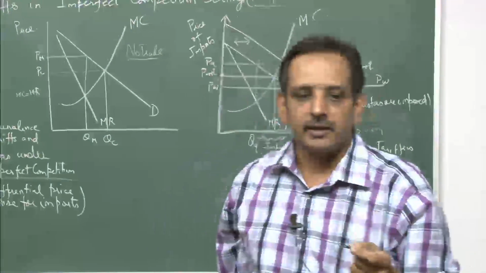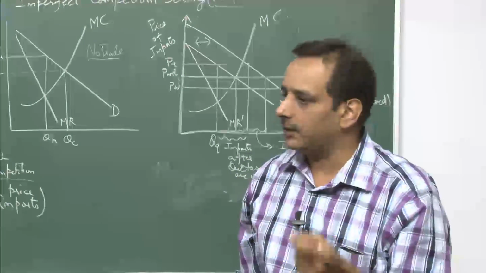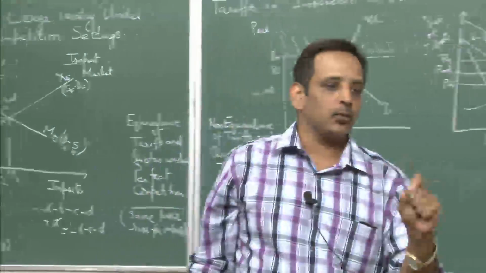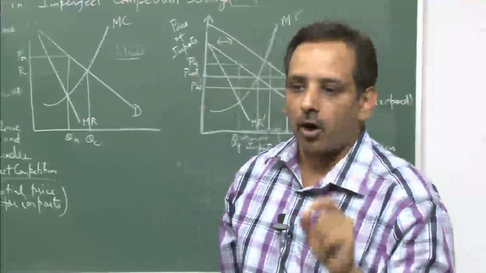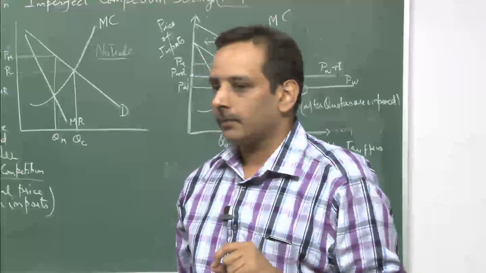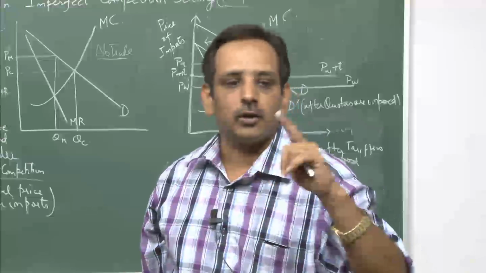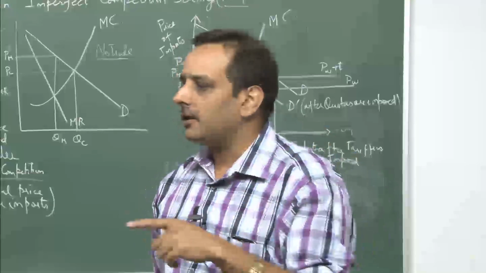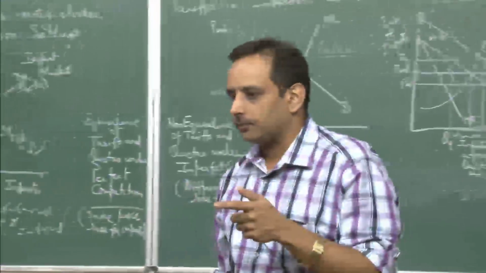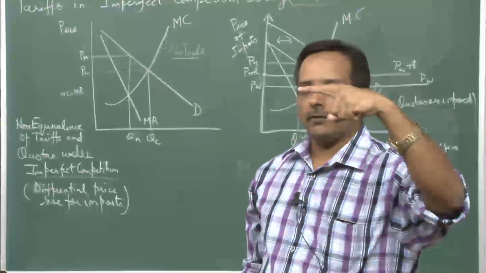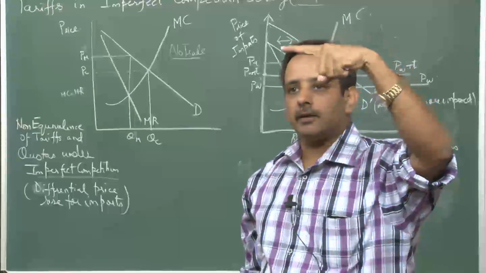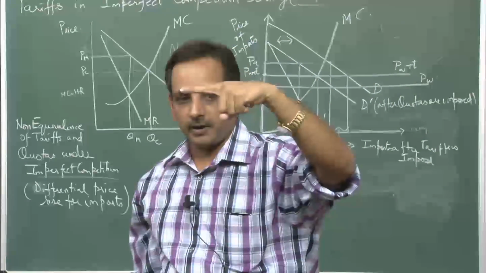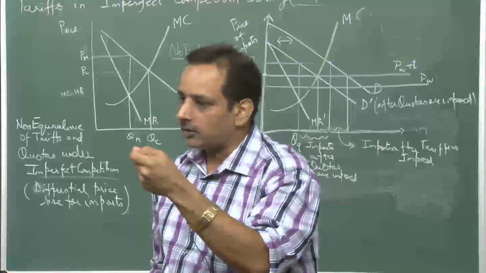And then what I said yesterday is that export subsidies, whenever they are imposed, at the same time countries impose tariffs on the products which they are exporting, because when tariffs are imposed on a product which has been exported, the domestic price goes up. The consumers can always say that the exporters are getting PW plus S, and if the local price is lower than PW plus S, they can always import the thing at a lower price.